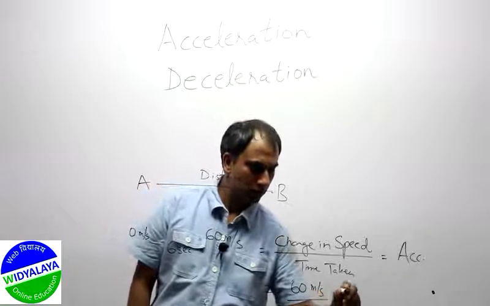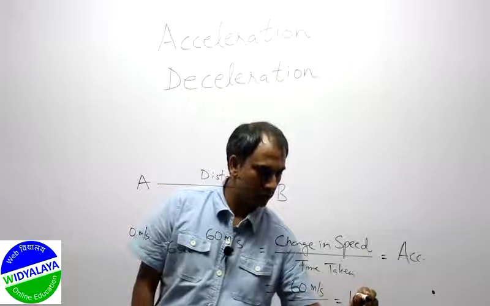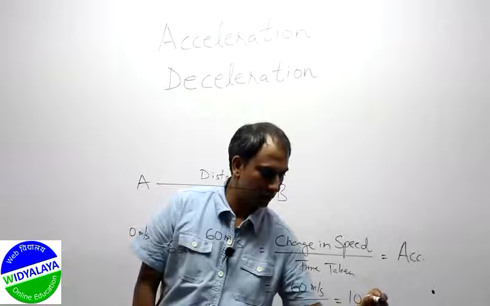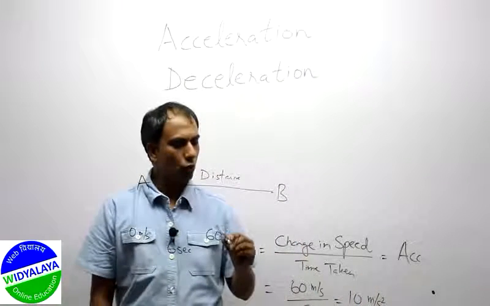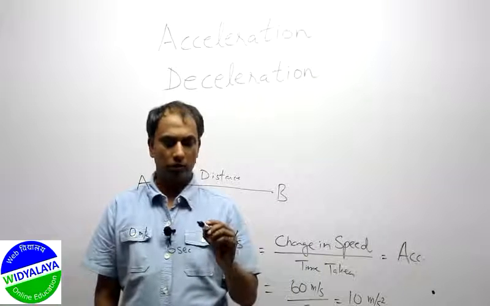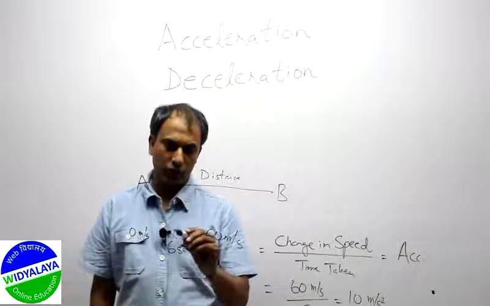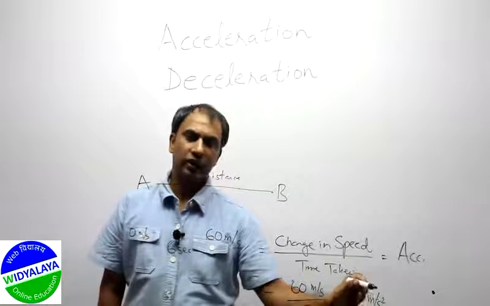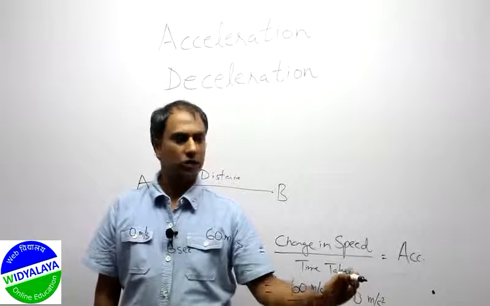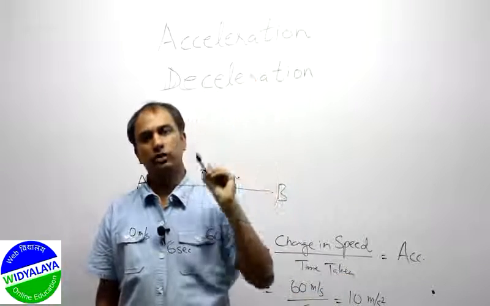So which will become 10 meters per second, and again divided by second will make it meter per second square. So the rate of change of speed for this object is 10 meter per second square, and that is the acceleration of this object.